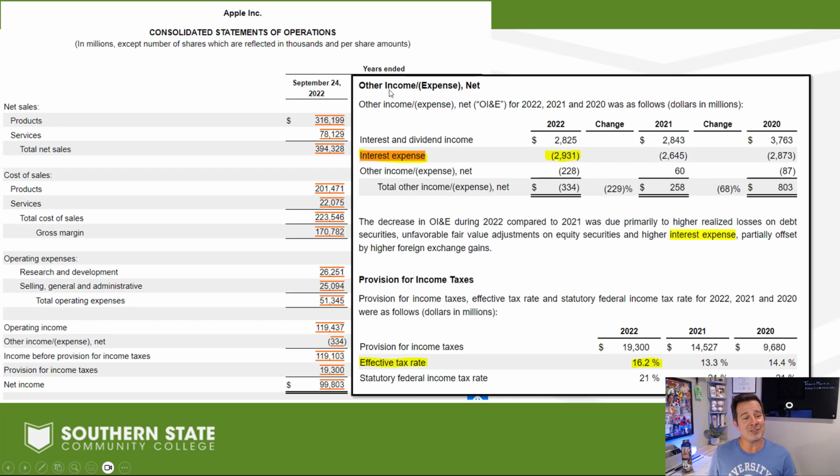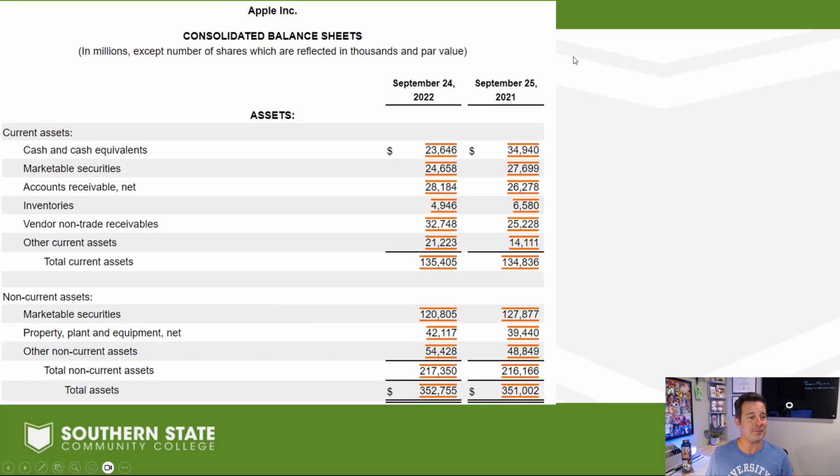In the notes to the financial statement for Apple, I found it: interest expense, $2.931 billion. And hey, look, I've even got a tax rate. Effective tax rate for 2022, 16.2%. I've got the interest. I am good to go. And there's my net income. That's everything I need to make the calculation.